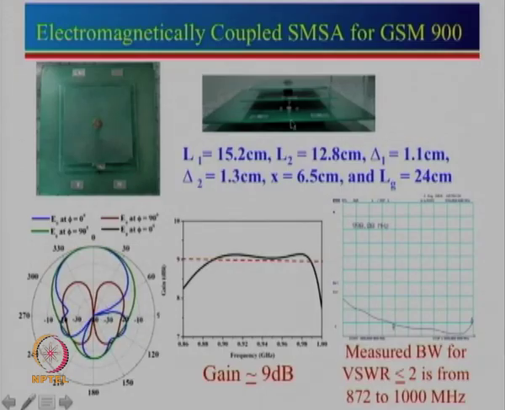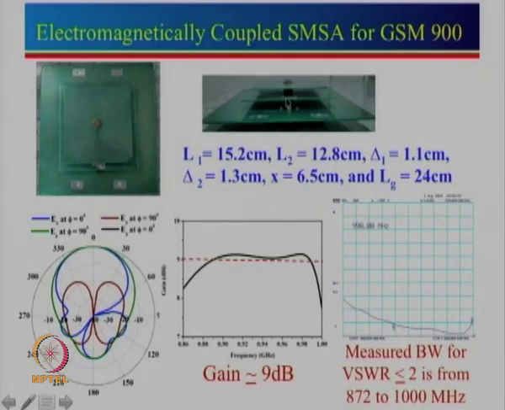So, let us just go step by step here. L1 is 15.2 centimeter, and corresponding to L1 this height is delta 1, which is equal to 1.1 centimeter, that is an air gap, and this metallic plate is chosen with a thickness of 2 mm. So that it becomes very rugged and also it can handle a very large power.